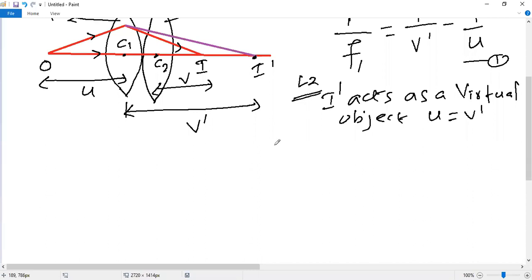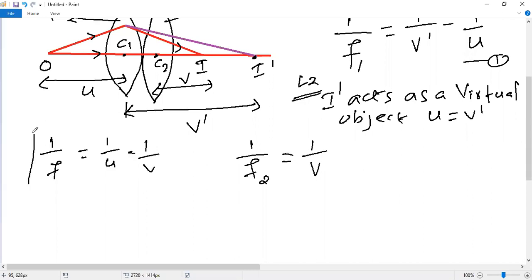For L2, using the lens formula, 1 by f2 equal to 1 by v. Already you know the lens formula, 1 by f equal to 1 by v minus 1 by u. For the first lens, 1 by f1 equal to 1 by v dash minus 1 by u, based on this image.